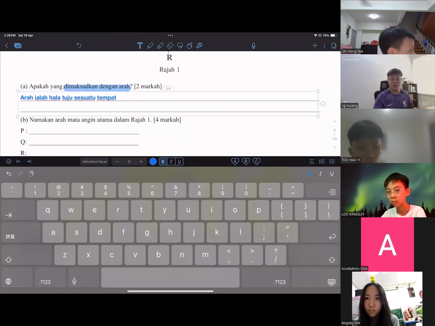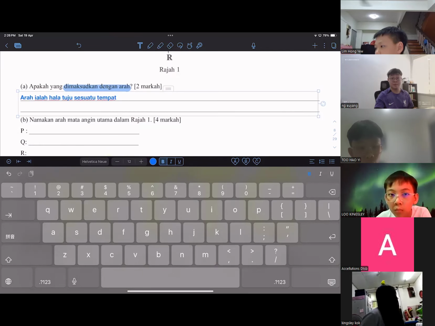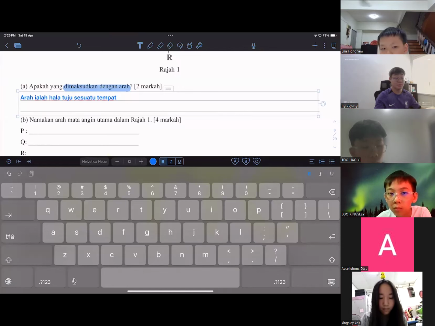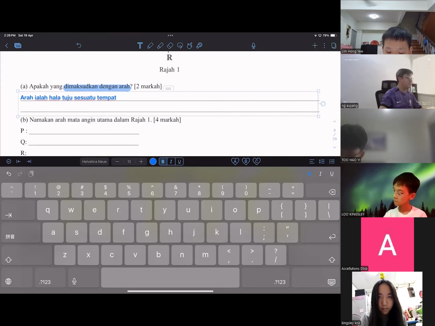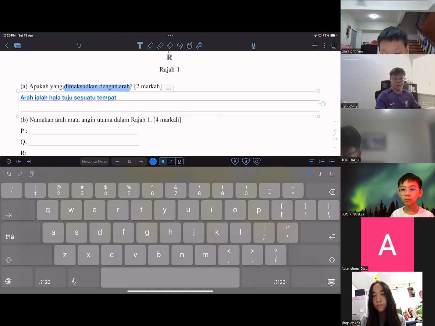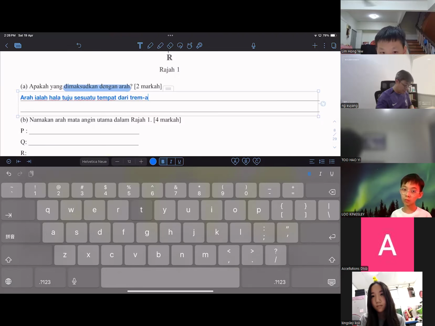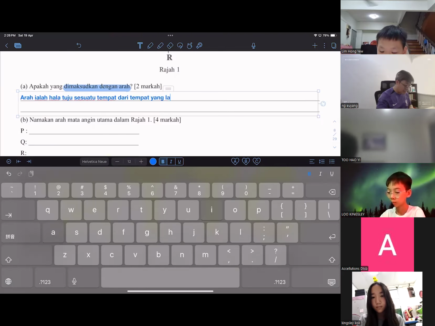Sorry, caps on. So Kingsley, tempat dari tempat is not the only main keyword. We're supposed to use hala tuju sesuatu tempat dari tempat yang lain.